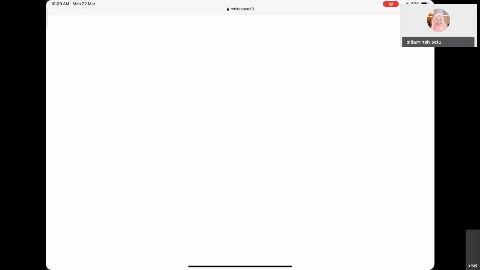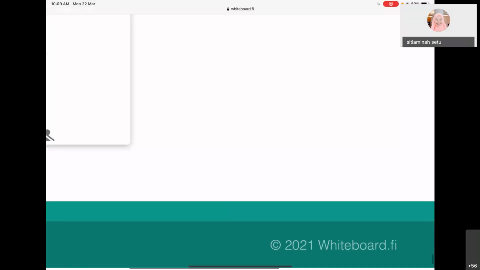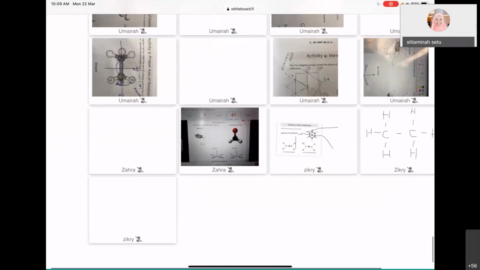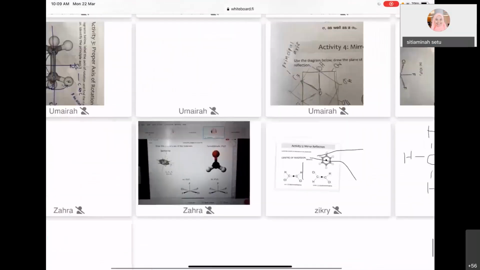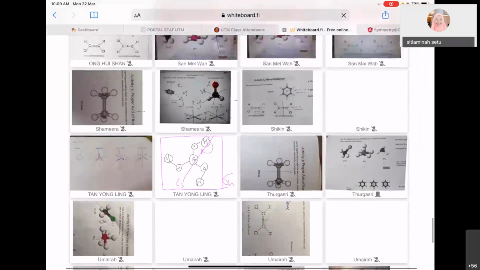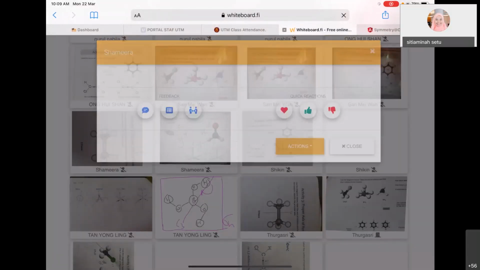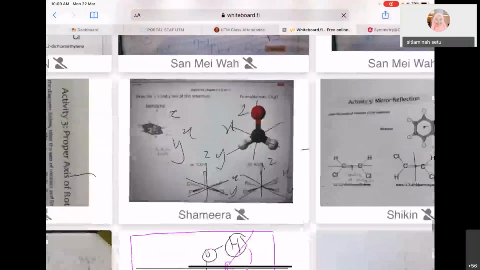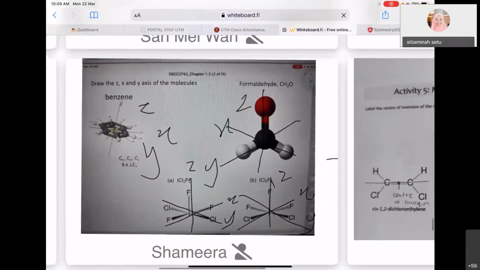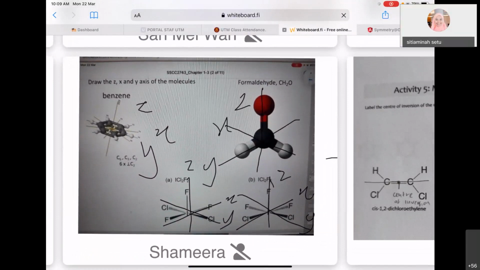Alright. The second one here. The formaldehyde. Okay, saya cari jawapan dulu. Formaldehyde. Okay, Shamira. Okay, Shamira, you buat Z. Okay, you buat Z dekat C dengan O. Okay, betul.